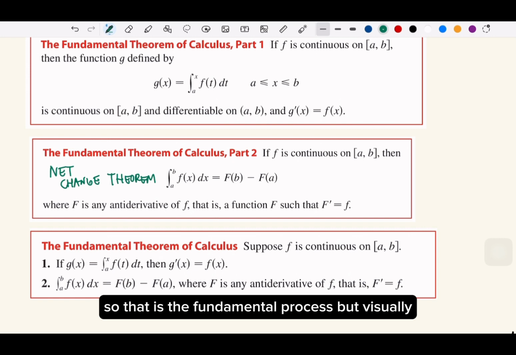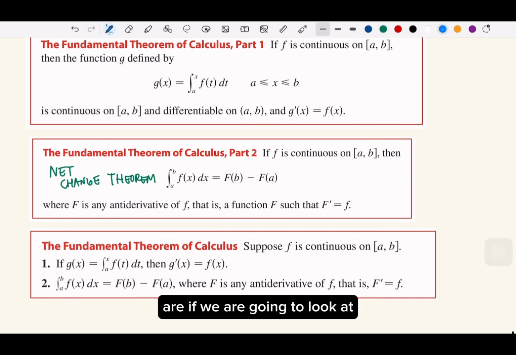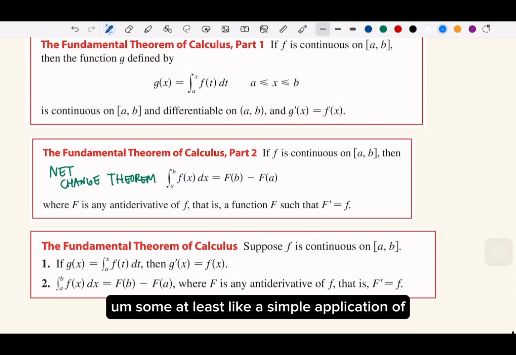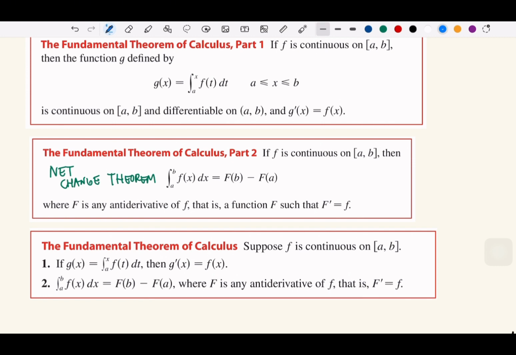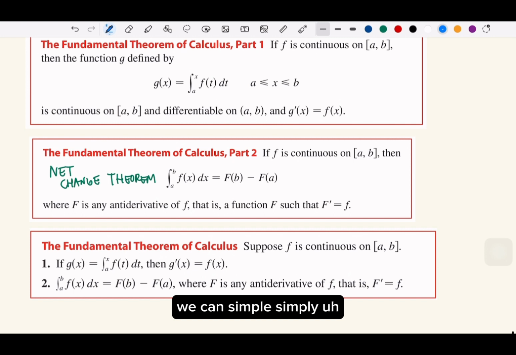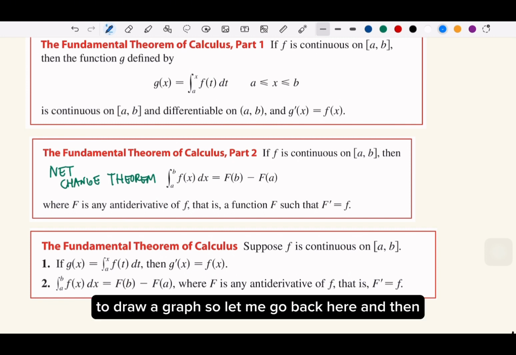But visually, or if we look at a simple application of how we are going to understand what this is about, we can simply take some time to draw a graph.